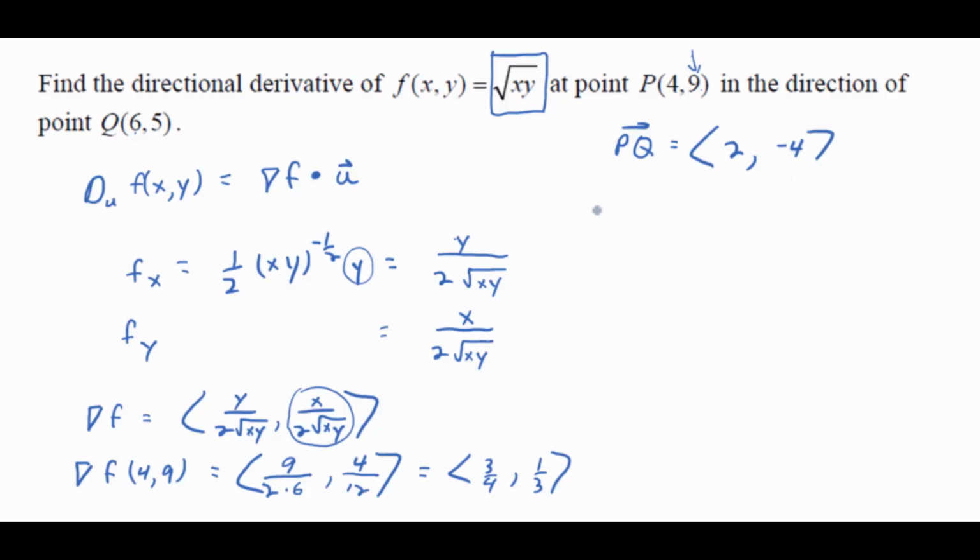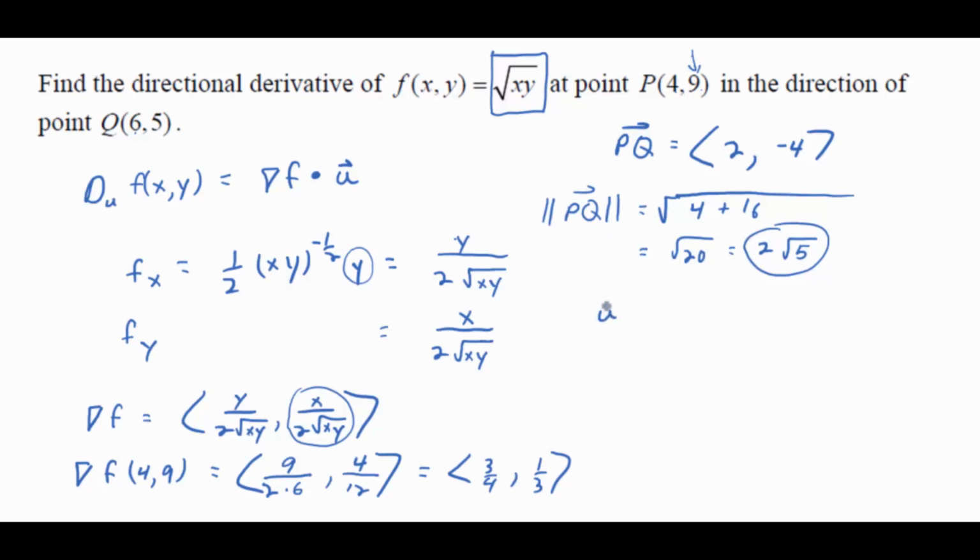So magnitude PQ would equal the square root of 4 plus 16, square root 20, or I suppose if you like, 2 rad 5. You don't like that? I don't like that. So what's u going to be then?